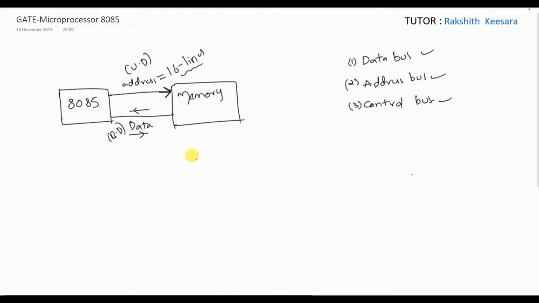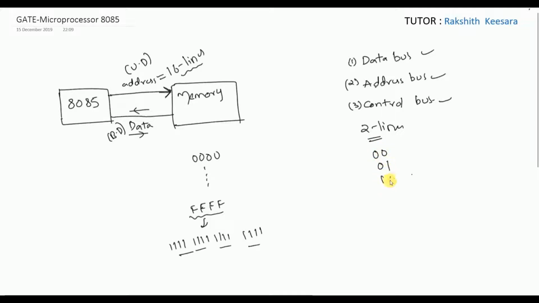So a 16-bit address means 0000 to F, F, F, F. Friends, don't think this is 4-bit. It is 16-bit. So indirectly, see guys, if you have only 2 lines, how many addresses can you send? 00, 01, 10, 11.